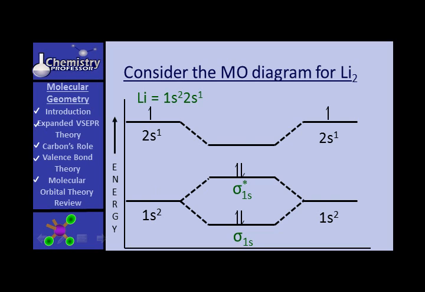They overlap and form a sigma bond from the 2s. So that looks good, doesn't it? The bond order is 4 minus 2 divided by 2 is 1. So is lithium diatomic in the vapor state? And the answer is yes.